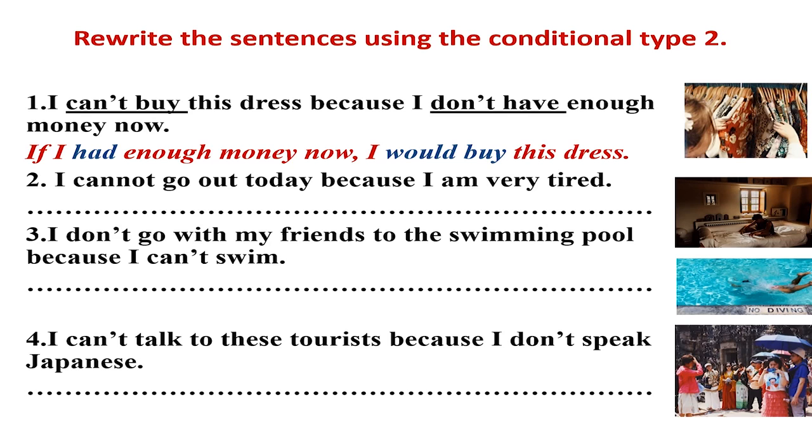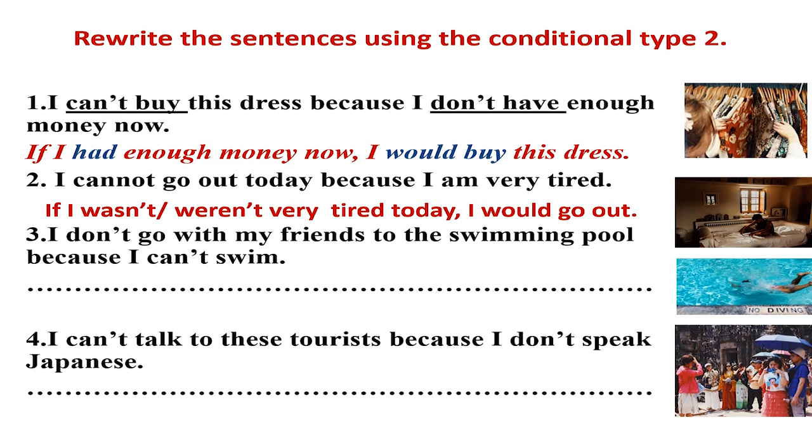Okay, so second sentence. I cannot go out today because I am very tired. Yes, you see if. Yes, if I wasn't or if I weren't very tired today, I would go out. Okay. Number 3.